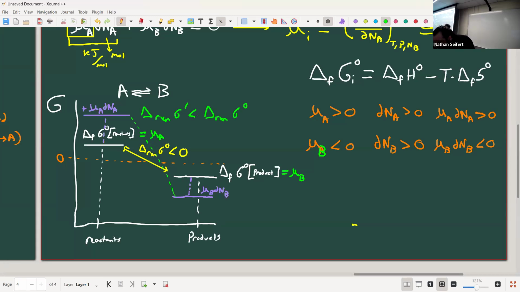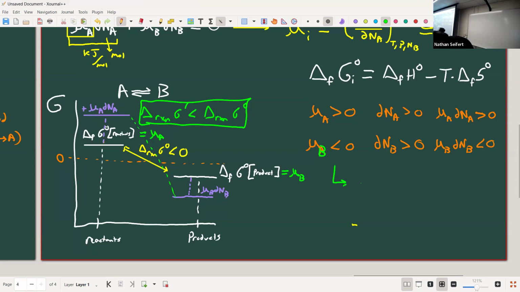And so this is the conclusion that we have, because the gap is now increased, right? The energy of the products is lower, and the energy of the reactants has risen as we've added more A. And so now the difference is even greater. And so the reaction is now even more product favored than it was before.